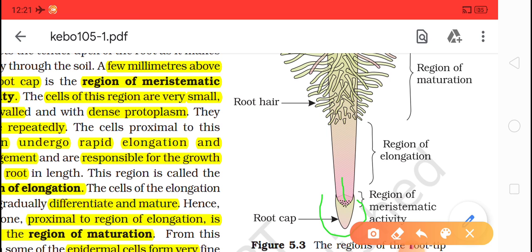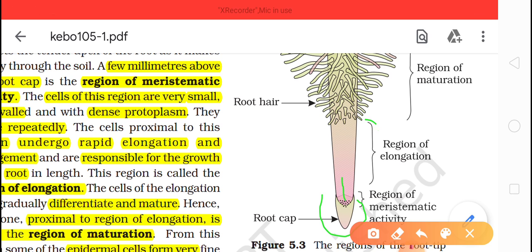In this region the meristematic cells are found. The function of these cells is to divide and produce new cells. They divide throughout the life and produce the new cells.